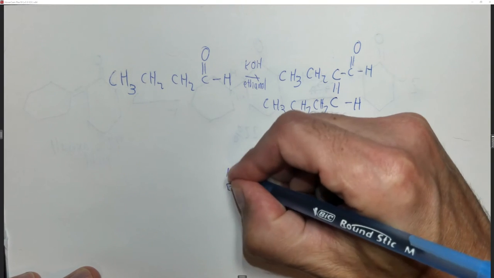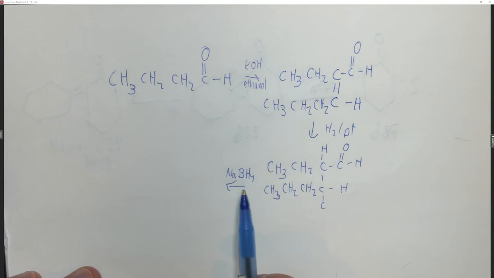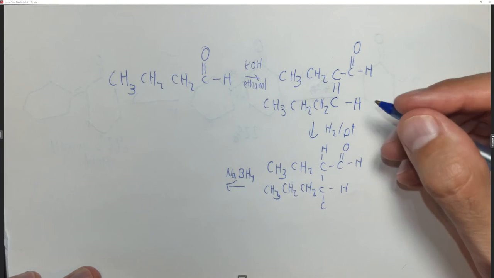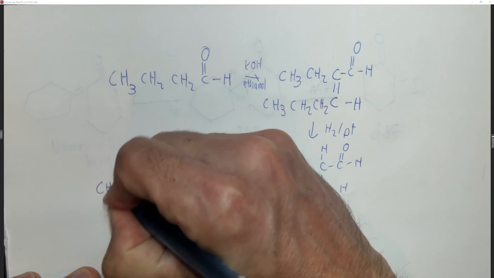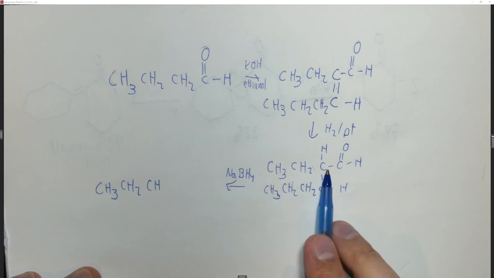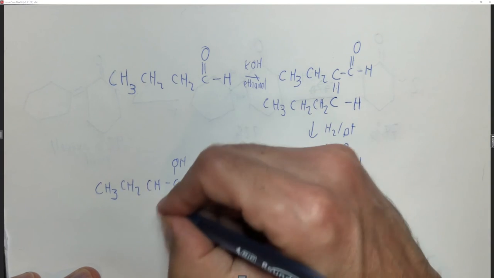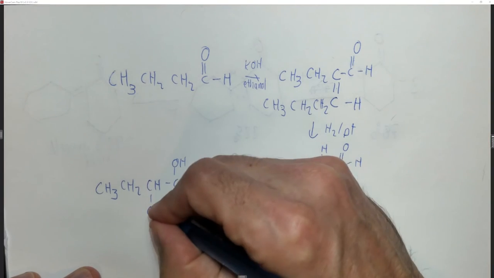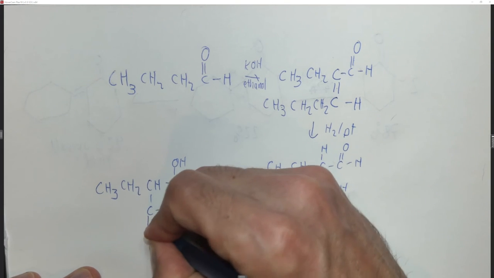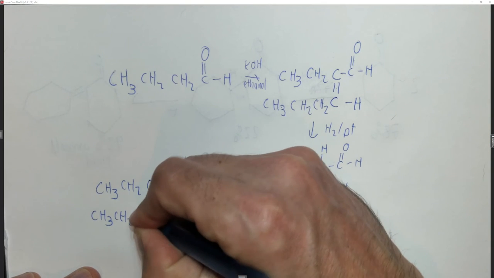Then we could, for example, use sodium borohydride. And you may recall that borohydride is a reducing agent, which causes this to become an alcohol. And what we end up with is CH3, CH2, CH, I'm just going to write that as CH, bonded to C, bond OH, bond H, bonded to C, H, I don't know why I wrote this as a C, this should be an H, bonded to an H, bonded to a CH3, CH2, CH2.